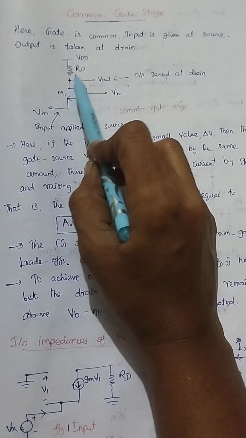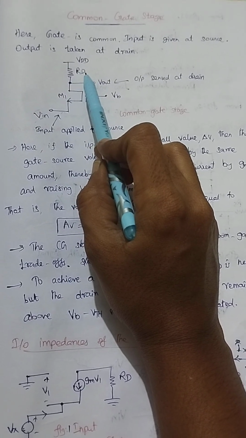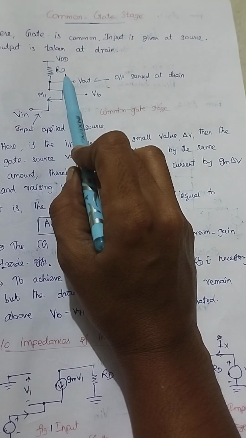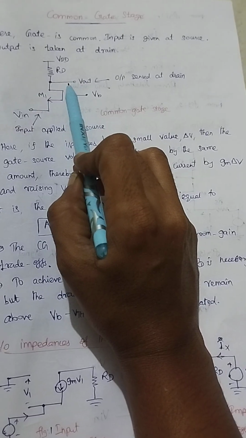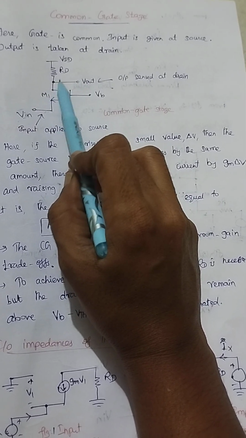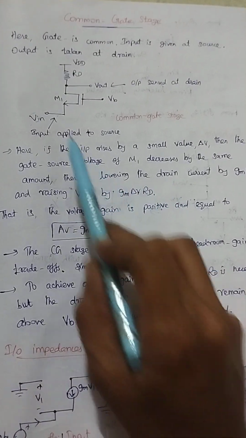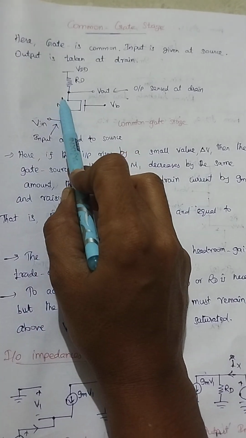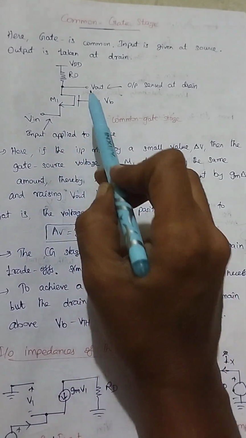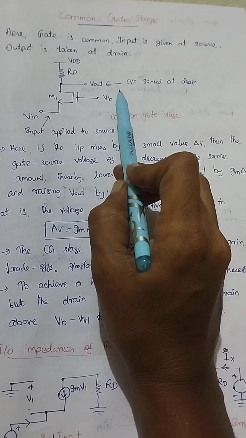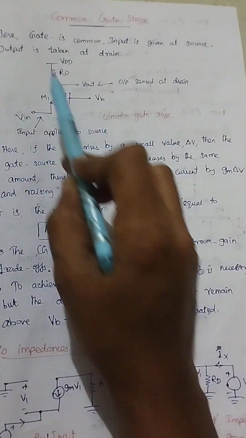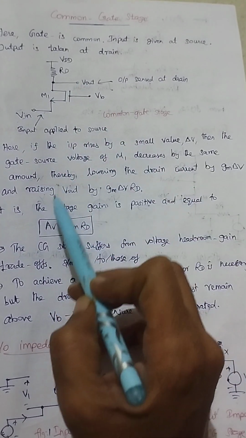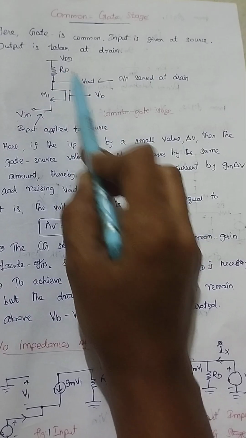Drain current is nothing but I equal to V by R. Here we are considering that V as del V. So 1 by R equal to transconductance, so we are taking that as GM. So your drain current will be lowered by the amount GM del V. Next, because of this, your V out will be raised by the amount V equal to I into R. So I is GM del V. What about R? R equal to RD. So your output will be raised by the amount GM del V into RD.